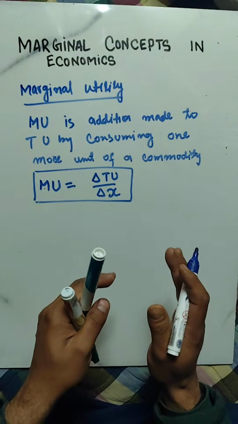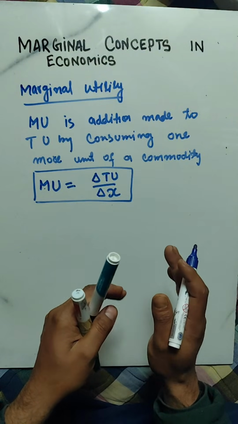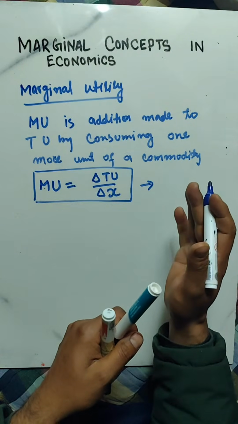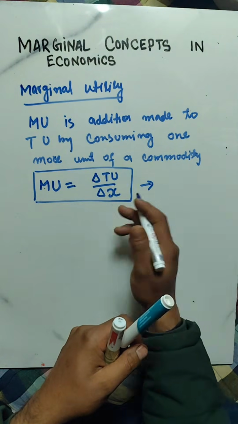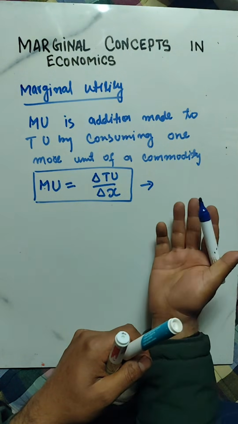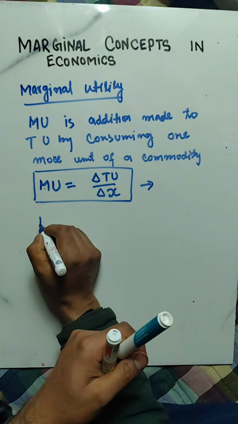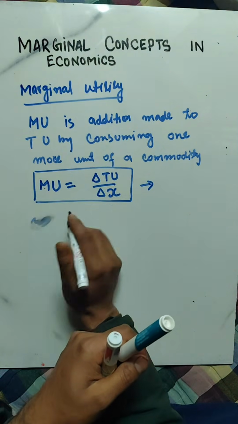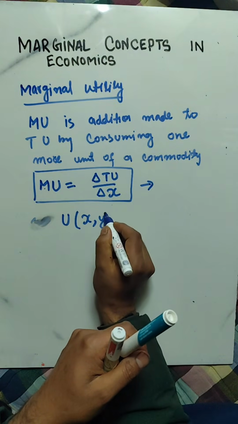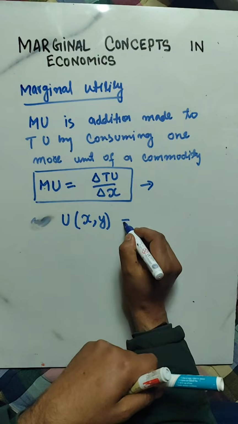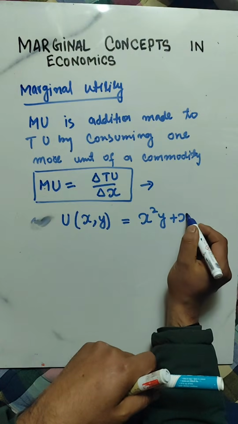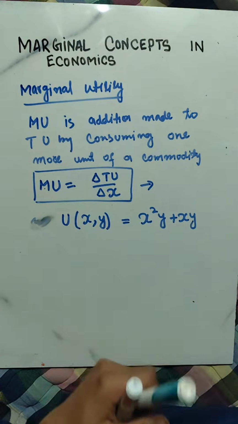So that is the total utility function for an individual consuming one good. If the consumer is consuming two commodities, let us suppose utility derived by consuming goods X and Y is x square y plus xy. Let us suppose this is our utility function.